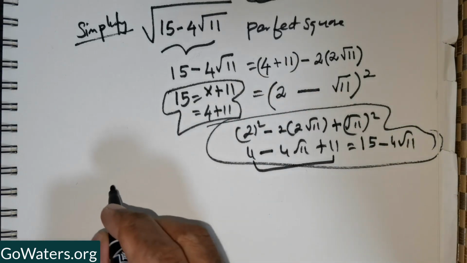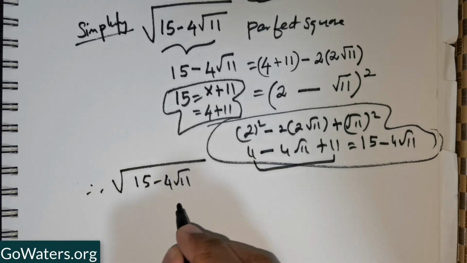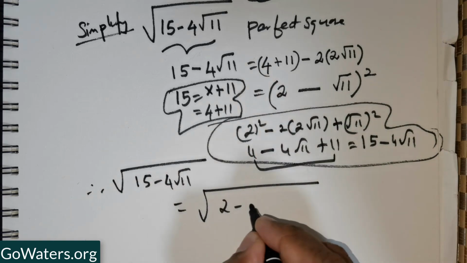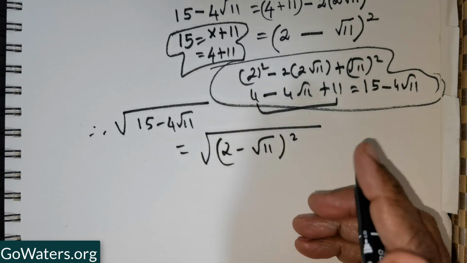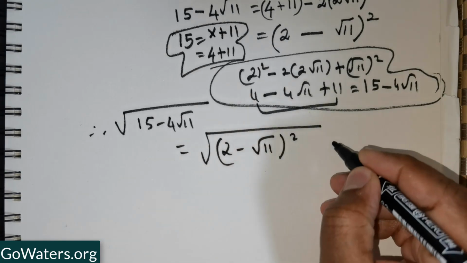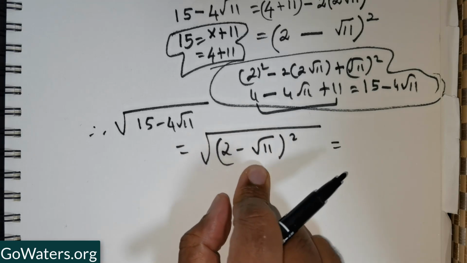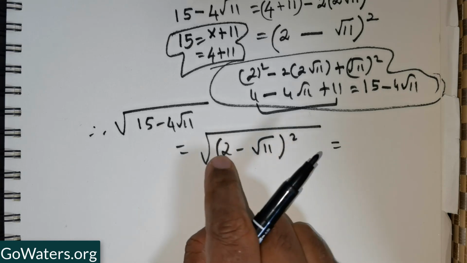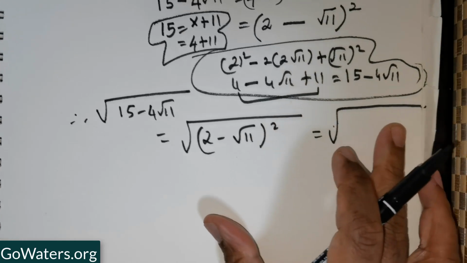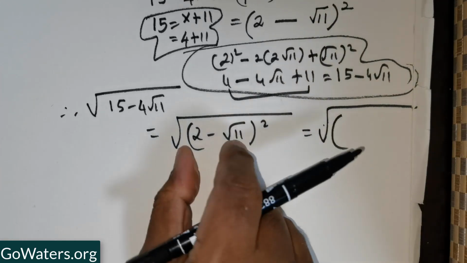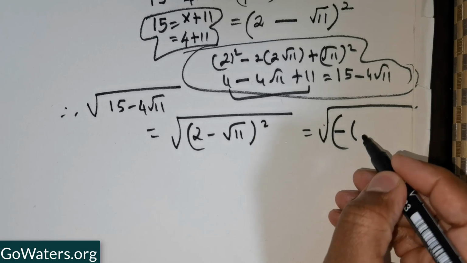Now there is one more thing you need to do here. Therefore I can rewrite root of 15 minus 4 times root 11 as square root of (2 minus root of 11) whole squared. Now you might be tempted to apply the square root immediately, but don't do that. You have to make sure that this term root 11 is the leading term instead of 2 being the leading term. For that to happen, inside the square, we take the negative sign out.